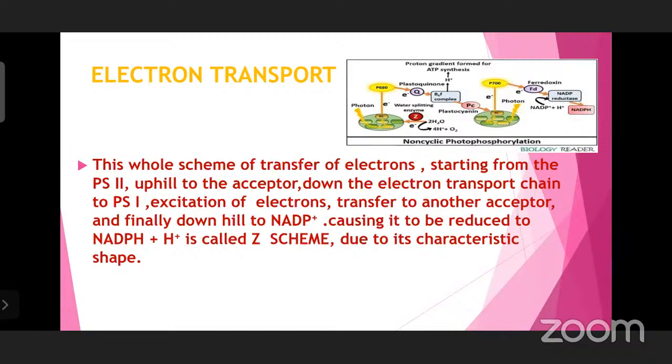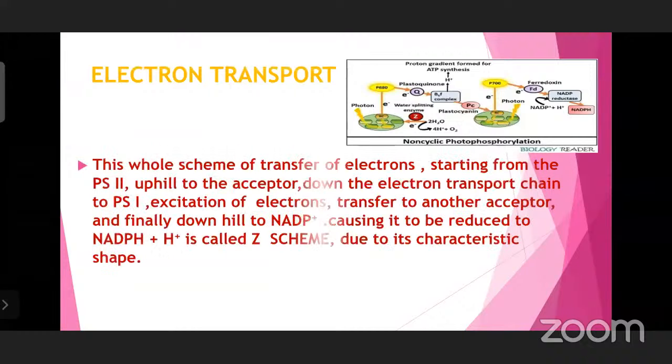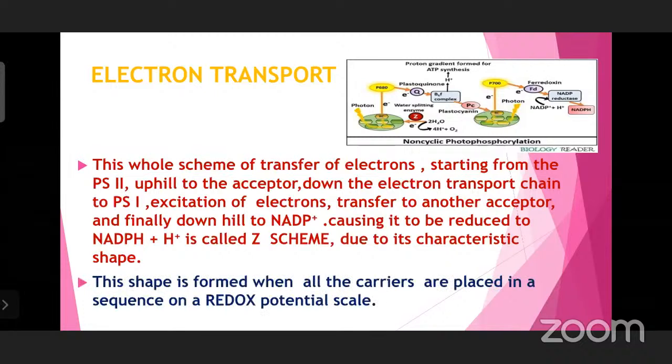So here we are getting a Z shape, and that's why the name Z scheme. Causing it to be reduced to NADPH is called Z scheme due to its characteristic shape. This shape is formed when all the carriers are placed in a sequence on a redox potential scale. So on a redox potential scale, reduction and oxidation.